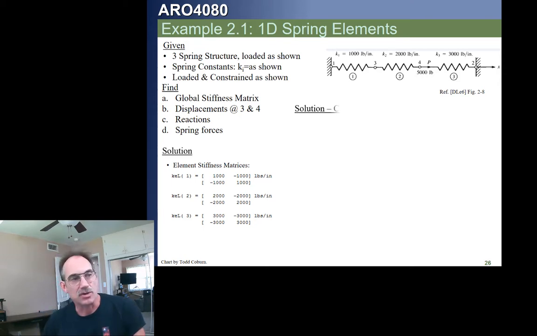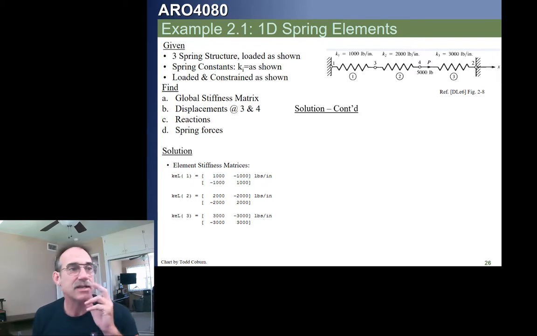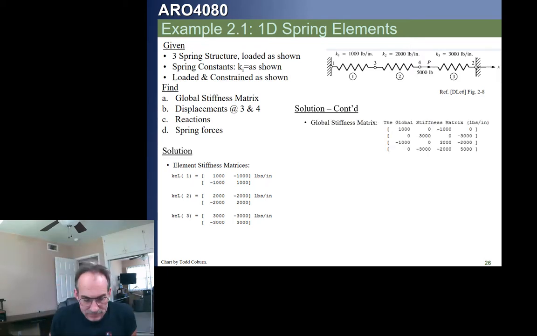We then use those to construct our global stiffness matrix. Let's take a look at how this works. This is 1 to 3. This is 3 to 4. This is 4 to 2. Okay, we see from 1 to 1, this is 1, 2, 3, 4.